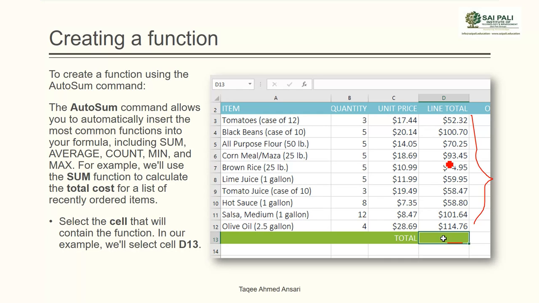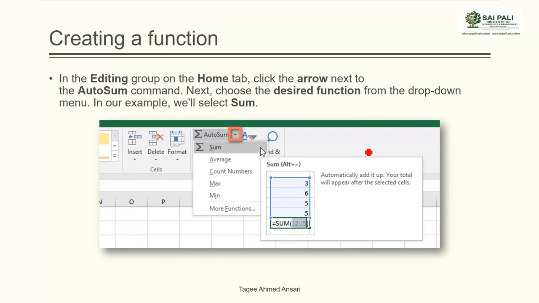AutoSum calculates automatically. So if I want to get the total, I select the cell here and then get AutoSum from the Home tab. In the Home tab there is an Editing group, and in the Editing group there is a command called AutoSum. If I click the drop-down menu, I will see the common functions: sum, average, count, maximum or minimum.